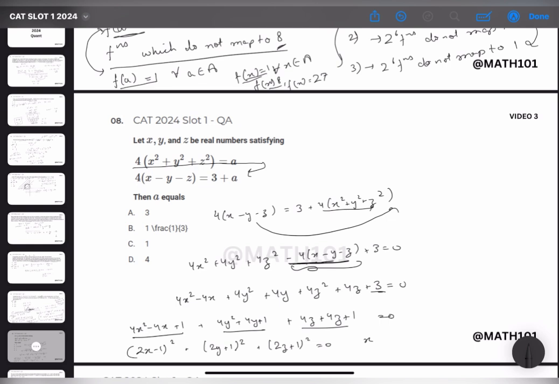So all these squares are non-negative. So all of these have to be 0. So x equals to half, y equals to minus half, z equals to minus half. 4 times x square is 1 by 4 plus y square is 1 by 4 plus z square is 1 by 4. This 4 into 3 by 4 is 3. So answer is A.